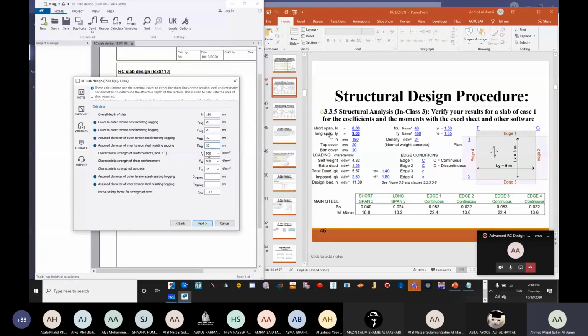Grade of steel here, 460. Grade of shear reinforcement for the links, 460 if there are any links. Grade of concrete, 35. Diameter for the top bars and 10. And then the partial factor of safety for the material of steel is 1.05. Next.